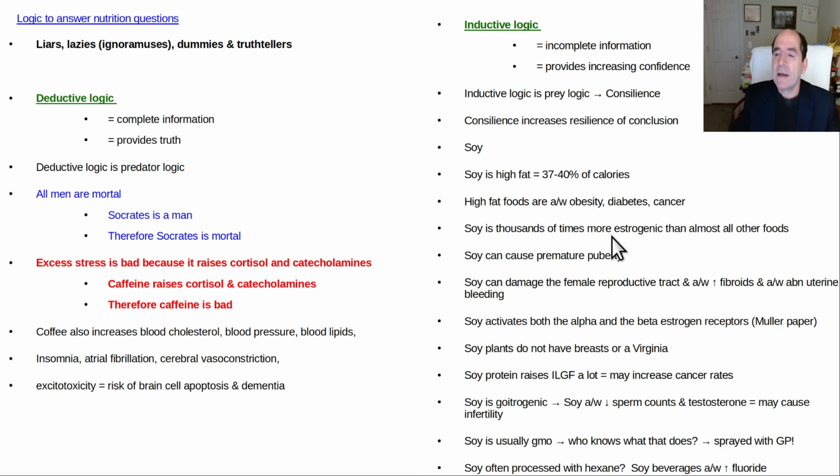Okay, so why could I say that? How could I be so confident to say bad things about soy when all these famous experts say it's good? Okay, number one, it's high fat, 37 to 40% of calories from fat. All high-fat foods increase your likelihood you're going to be obese. As McDougall said, the fat you eat is the fat you wear. It just goes to storage. And a lot of it's omega-6 fat, the so-called inflammatory bad fats, even though all fats are bad.